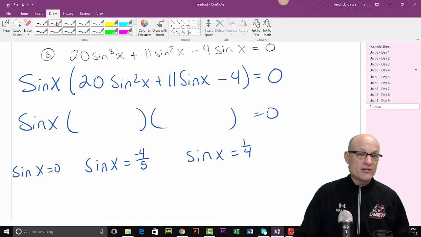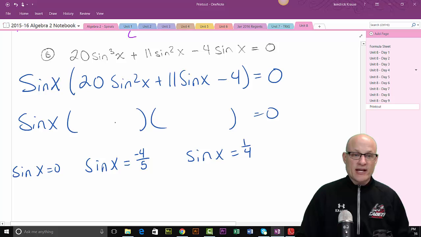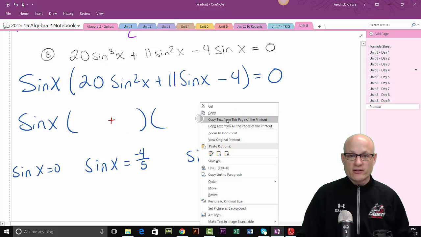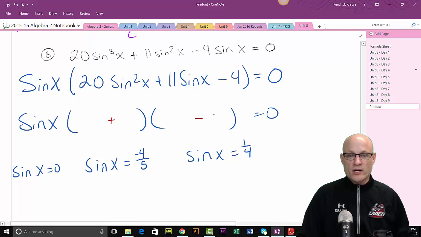So now let me remind you, you got to put these back. This is negative, it's going to go back as a positive. This is positive, it's going to go back as a negative. This 1 comes here, and the 4 goes here, and the 5, remember, slides out front. So 5 sine theta. And the 4 goes out front, so 4 sine theta.